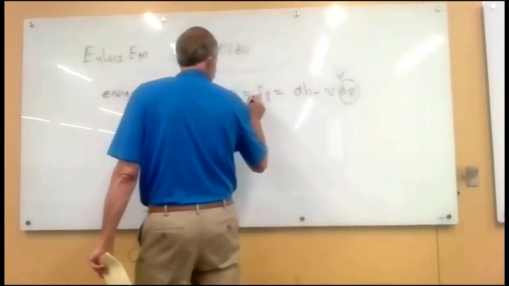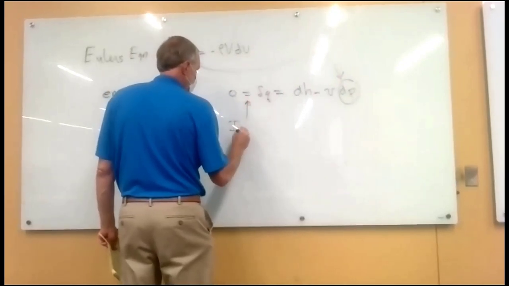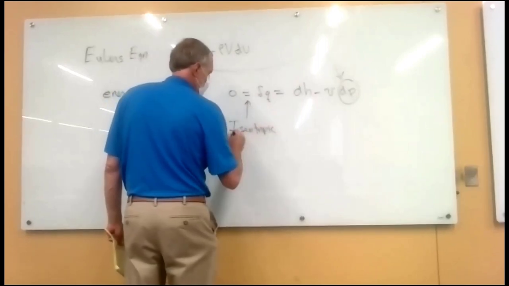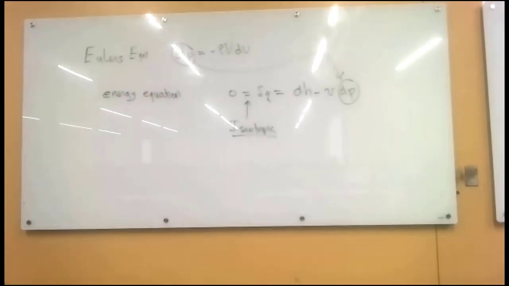We set the heat transfer to 0. Remember, this is adiabatic, and if there's no friction, then we're saying isentropic flow again. There's no heat transfer. It's reversible, so there's no friction. So that's what we have.